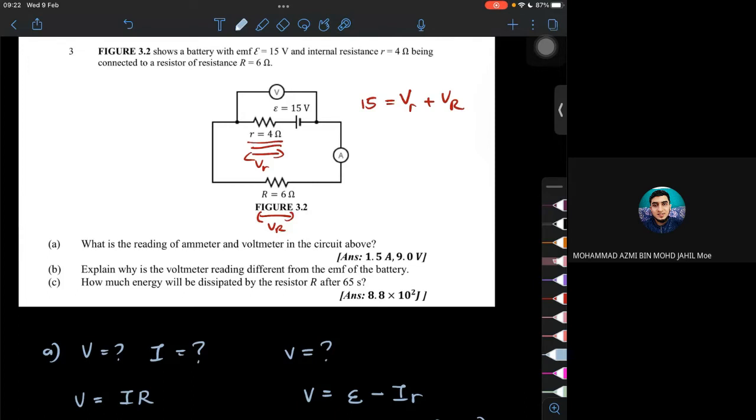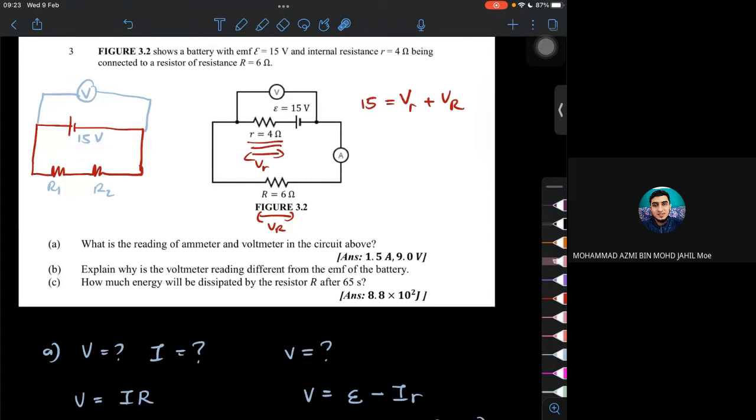So if let's say Miss buat macam ni kan, the circuit, and then I put the voltmeter here, and this one is 15 volt, R1, R2. So if I put the voltmeter here, there is no resistor dekat sini, this voltmeter dia akan baca 15 volt.